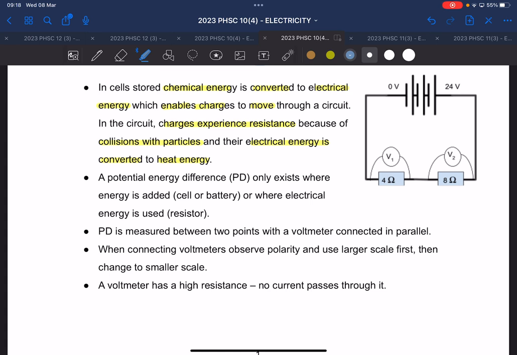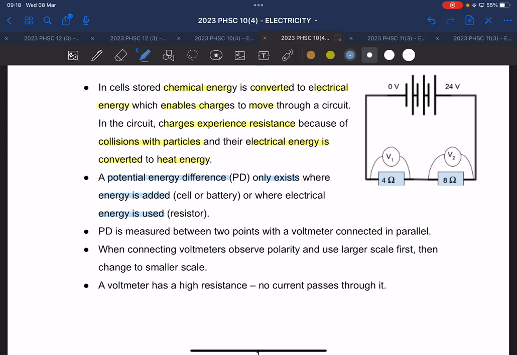All right. Then potential difference. Okay. So there we have the volts. It only exists where energy is added or where energy is used.